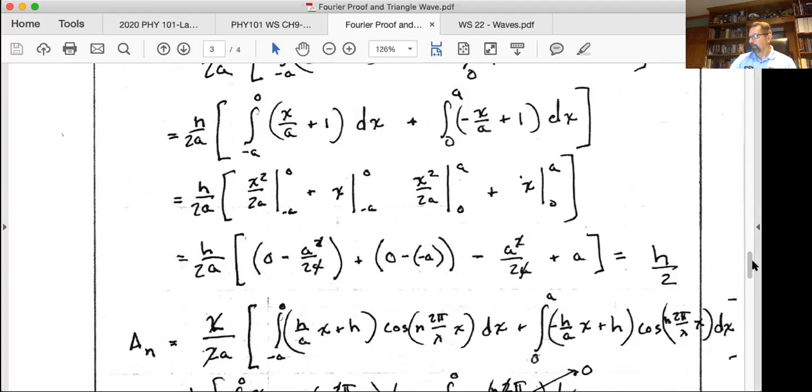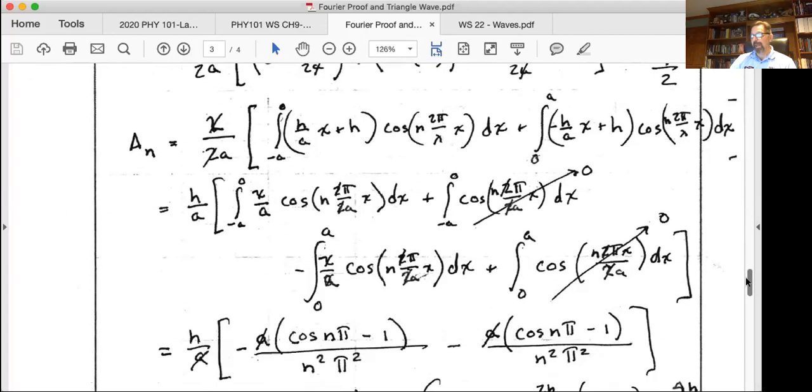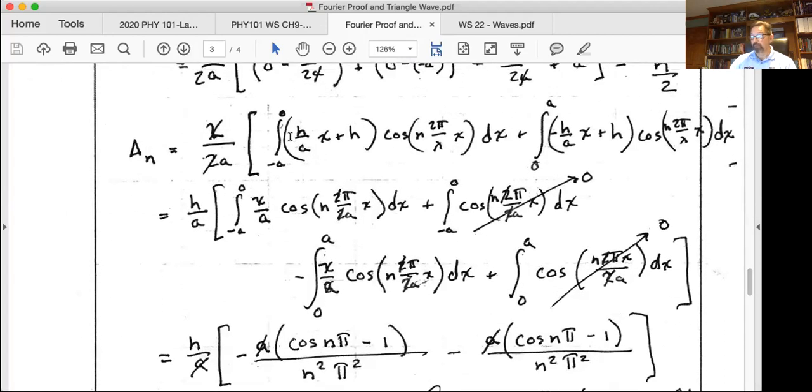All right, great. Now let's get a sub n, exactly the same thing, except now there's my function over the range minus a to 0, and my function over the range 0 to a. I could have put this in Wolfram Alpha, but I decided to take the macho approach and literally expand the first integral.